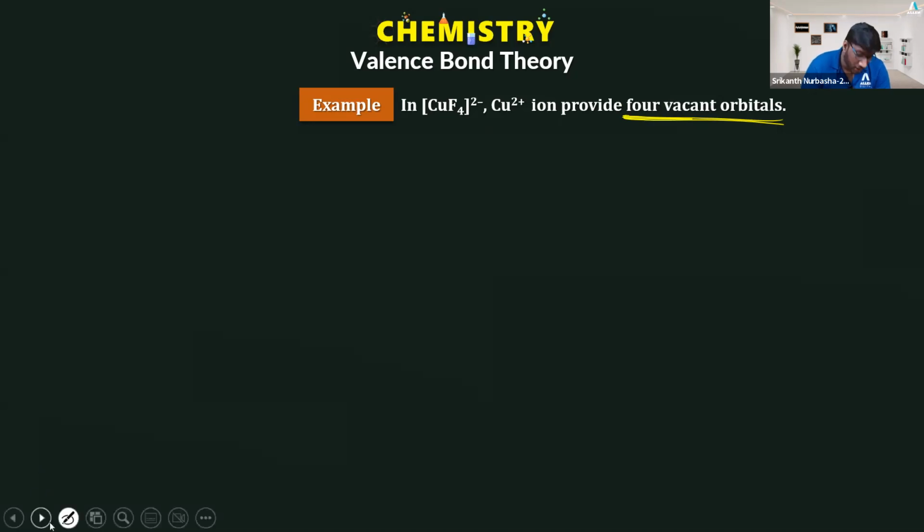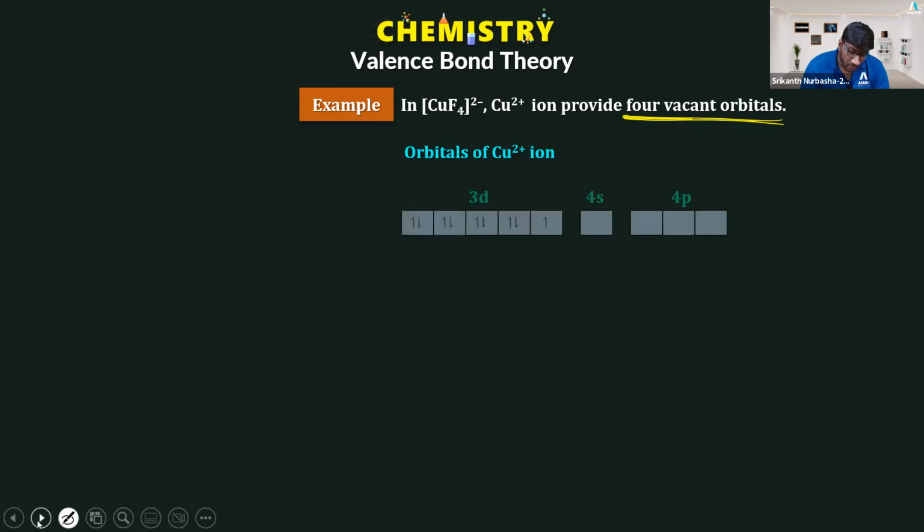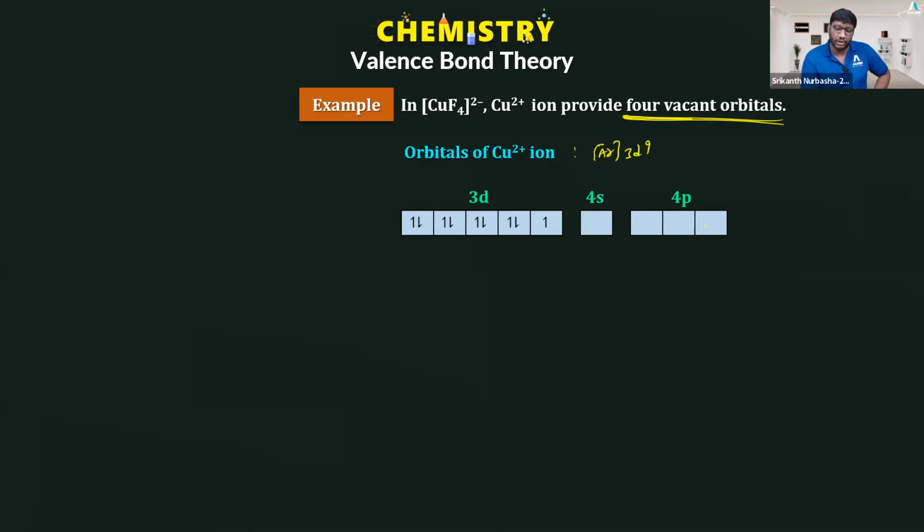What is the electronic configuration of Cu plus 2? Orbitals of Cu plus 2? You have 3d, 4s, 4p. Copper means argon 4s1, 3d10. Copper plus 2 means from the 4s 1 electron is lost. From the 3d you have removed 1 more electron. So you have argon 3d9. After 3d you have again 4s, 4p which are vacant.